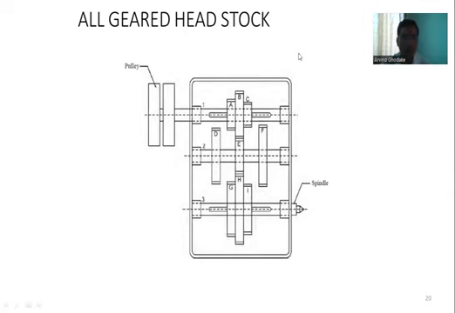Then the gears D, E, F are mounted on the counter shaft, the intermediate shaft, so that we can get different speed ratios by using this gearbox, and thus different spindle speeds on the machine tool. So this is a two-stage gearbox. The number of shafts is 3. This type of gearbox is called a two-stage gearbox, and it is mainly used in machine tool gearboxes.